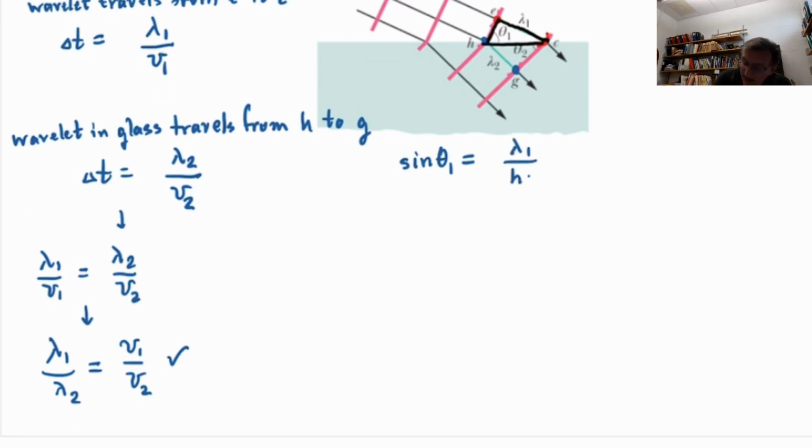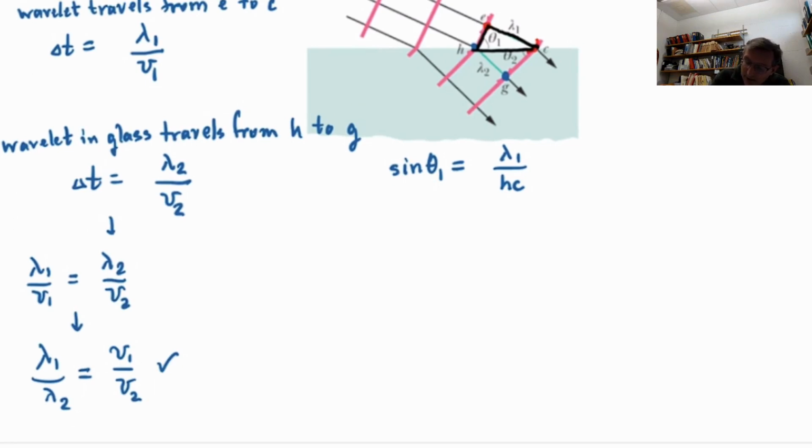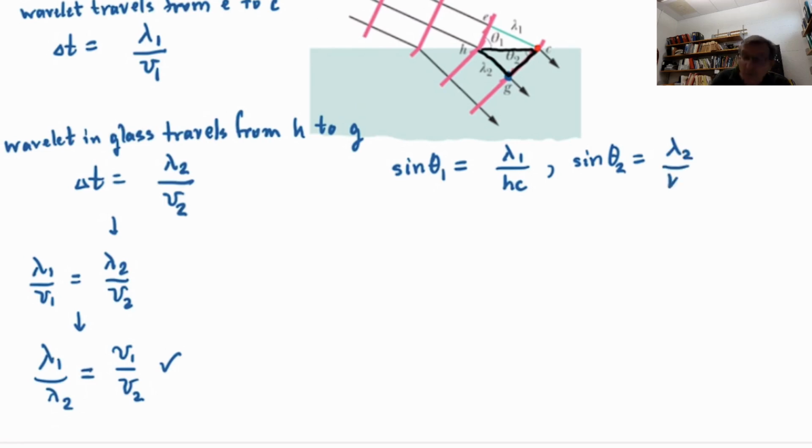I'll call that distance HC. But I also have another right triangle, with an acute angle theta 2, a leg lambda 2, and the same hypotenuse, HC. Sine theta 2 is opposite over hypotenuse, lambda 2 over HC.